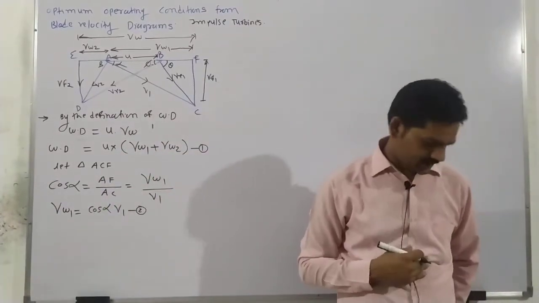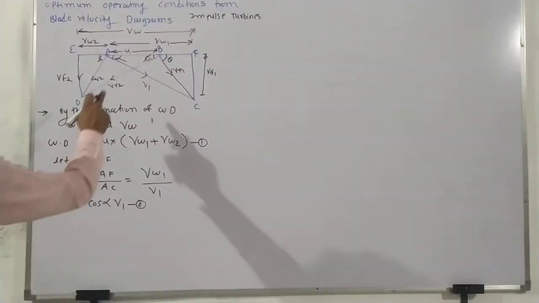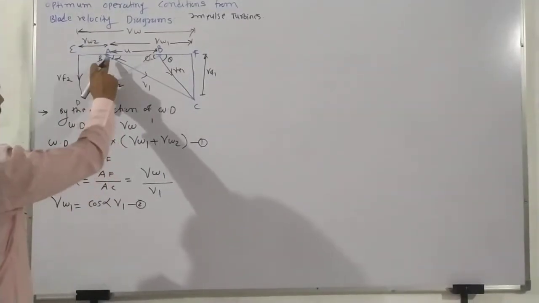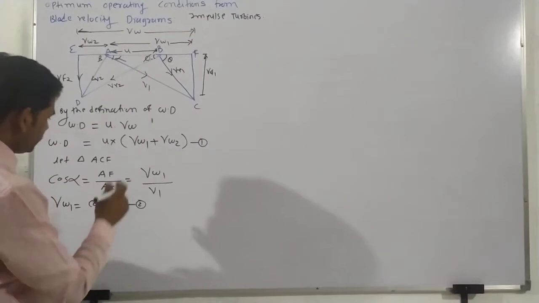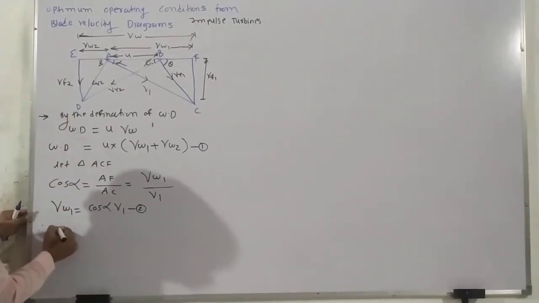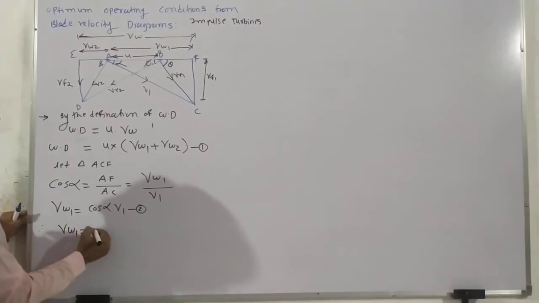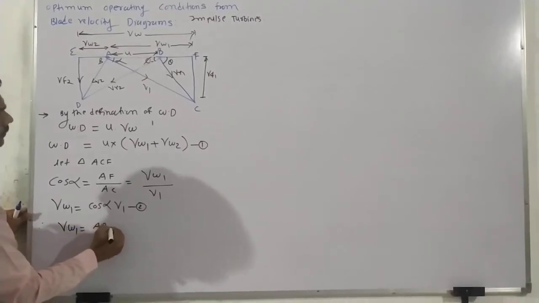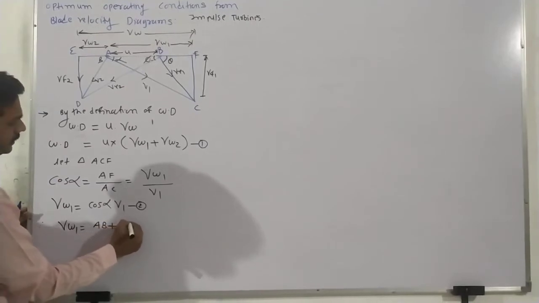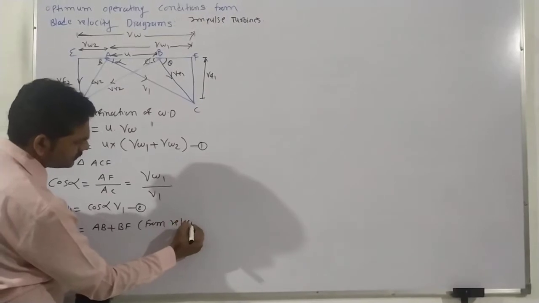Now consider the same situation for this triangle. VW1, from the velocity triangle, is AB plus BF.